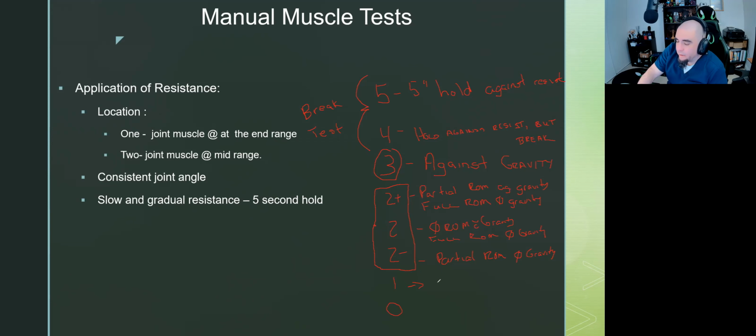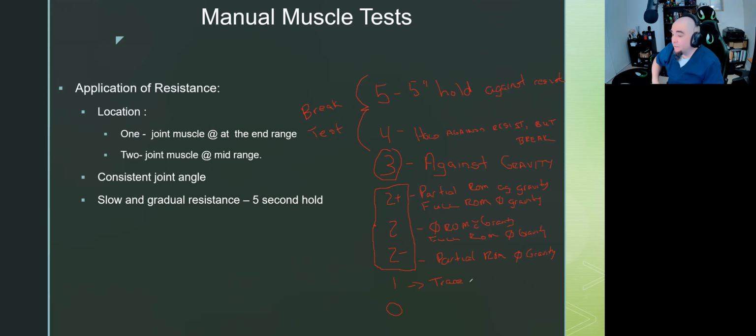A 1 is what we call a trace. That's where you put your fingers on my muscle, and you tell me to contract it in whatever position I'm in, and you feel the muscle start to try to contract. Even if it's just a little bitsy contraction, that's a trace.